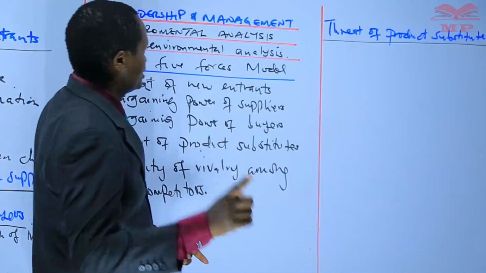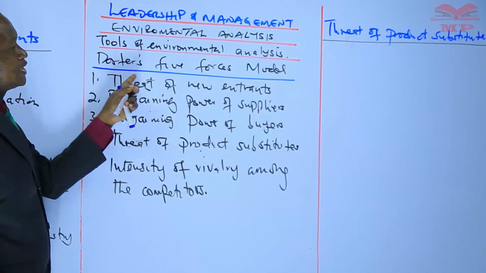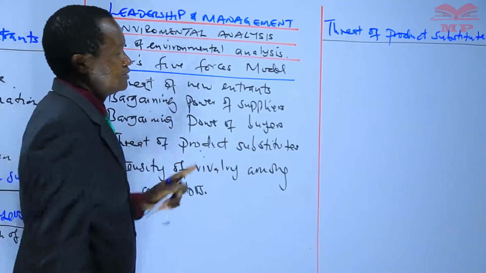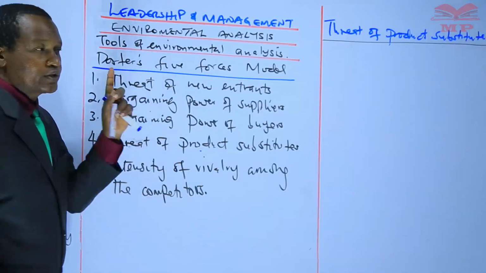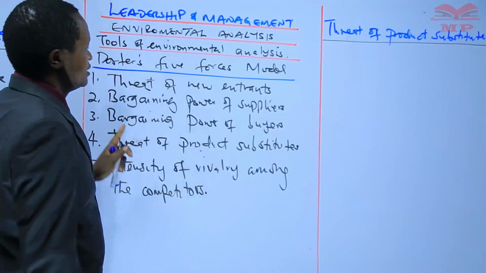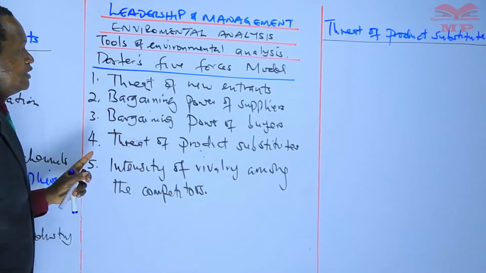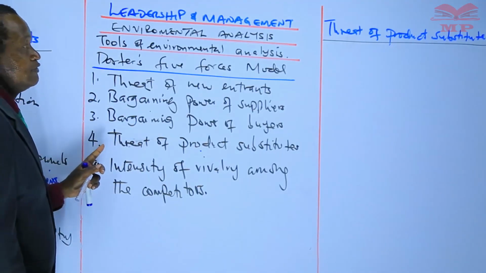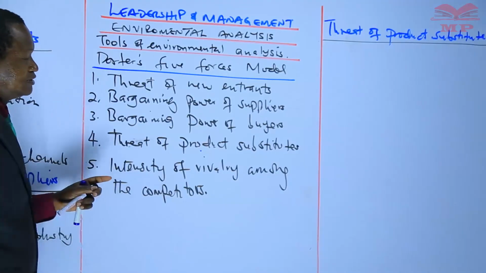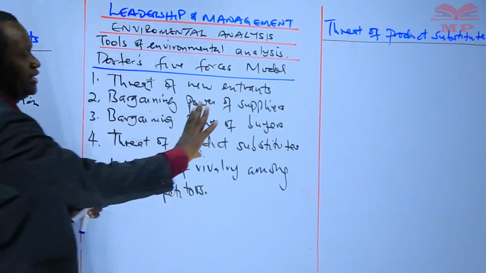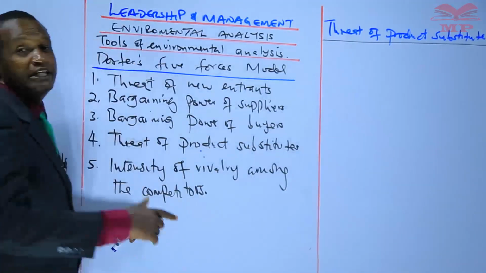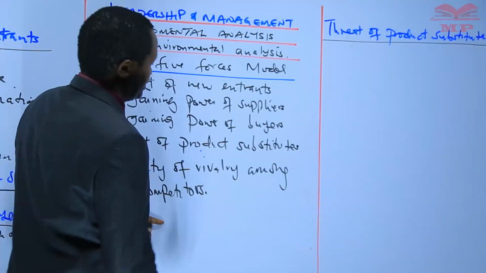And don't forget, candidates, we are discussing Porter's 5 forces. Porter's 5 forces is a model that can be used in environmental analysis, analyzing the environment, especially in industry analysis.